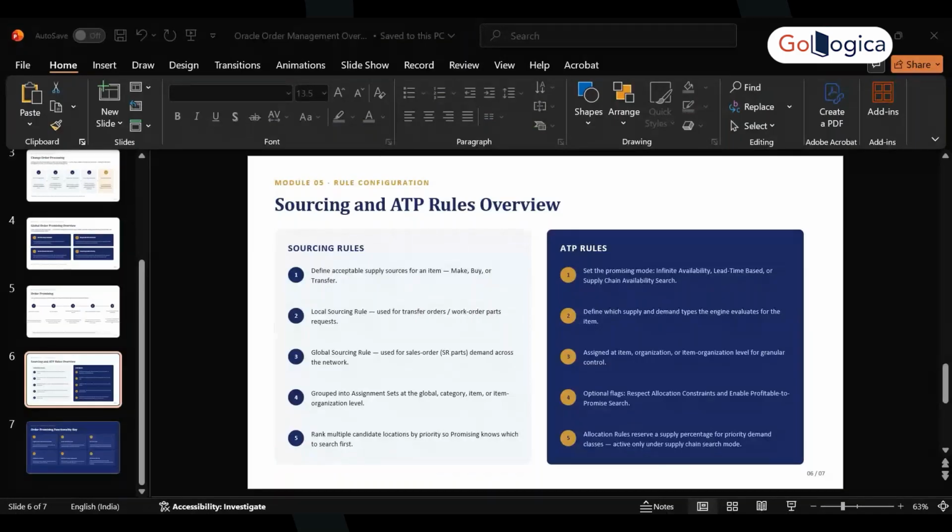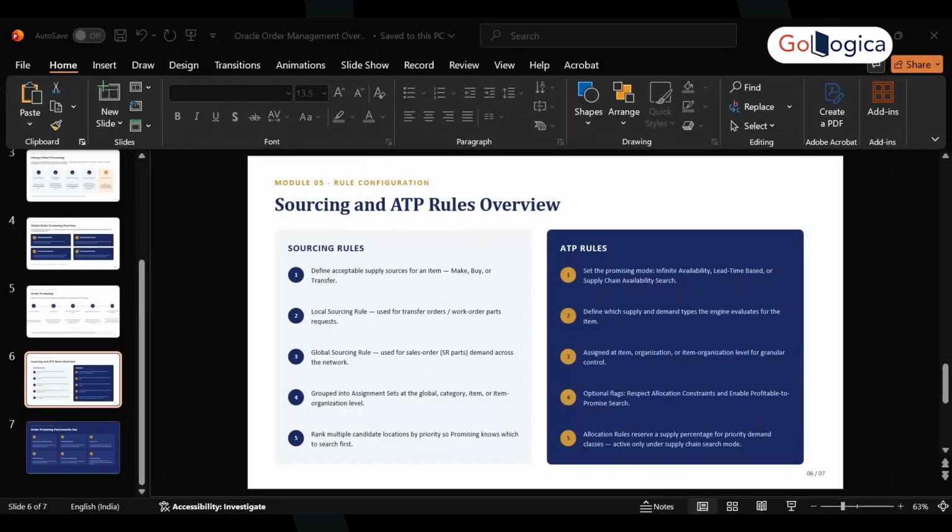The answer lies in two important configuration objects, that is sourcing rules and ATP rules. This configuration tells Oracle where the supply can come from and how the availability should be calculated. Without this configuration, the GOP engine cannot determine the fulfillment source or calculate the accurate promise date.